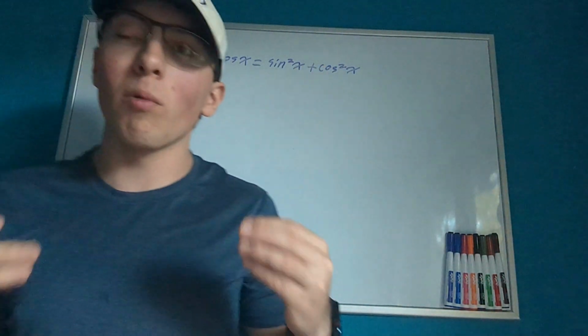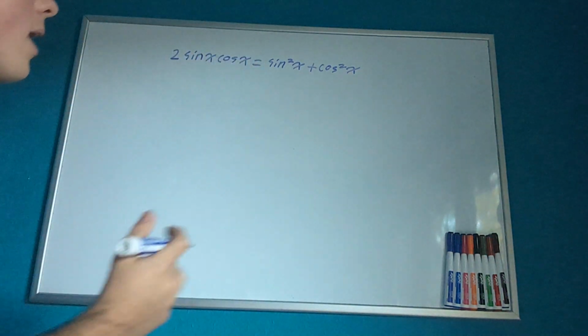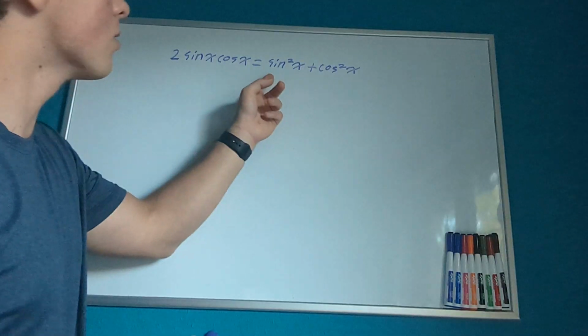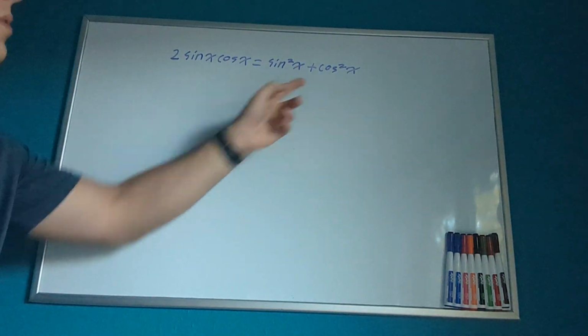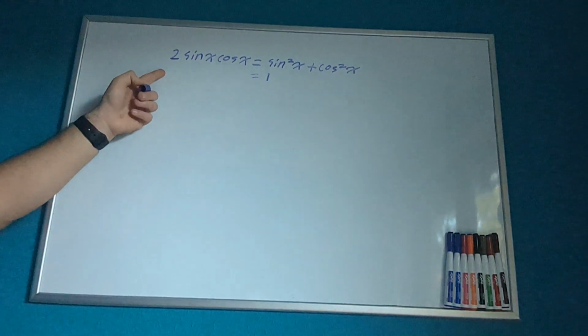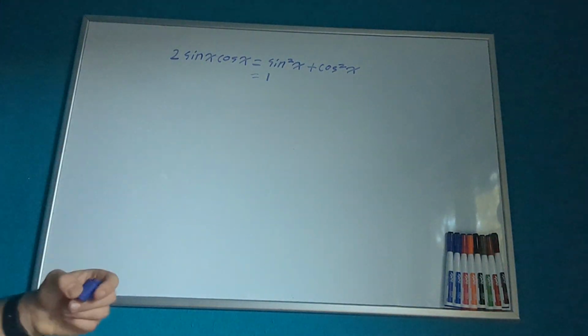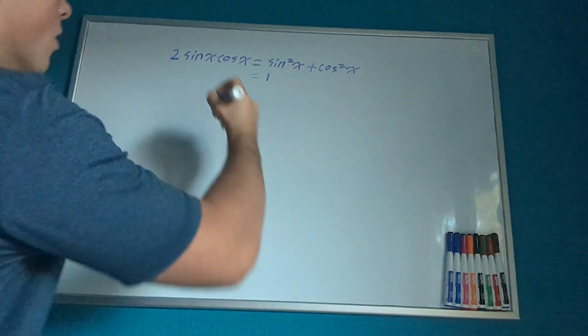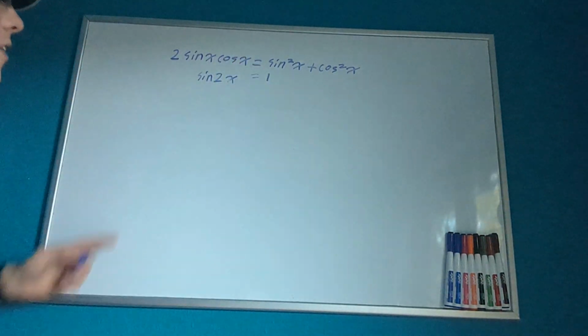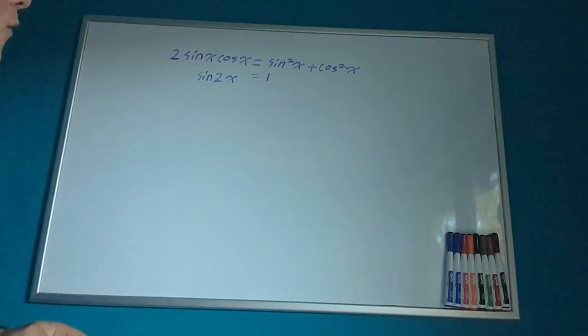That's a lot going on in this problem. But if we take a look at our trig identities, what do we notice? Well, sine squared x plus cosine squared x just equals 1. And 2 times sine x times cosine x, what does that equal? Well, that equals sine of 2x. And that's exactly what we had before.